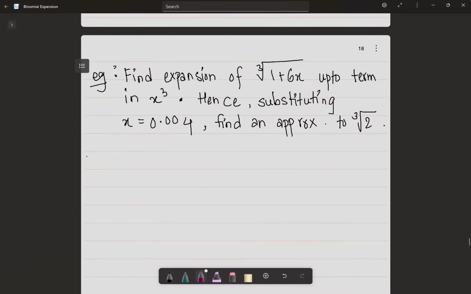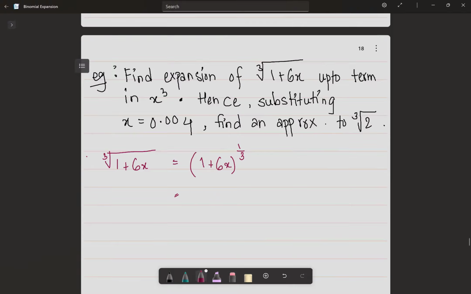This is the cube root of 1 plus 6x. When we need to expand this, we first convert it into a power, so we get (1 plus 6x) to the power of 1 by 3. We know for square root, the power is half; for cube root, the power is 1 by 3. So we will apply the formulas for expansion that we have learned, the factorial formula.